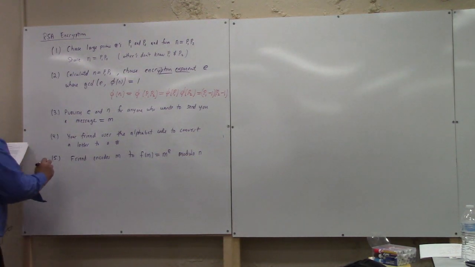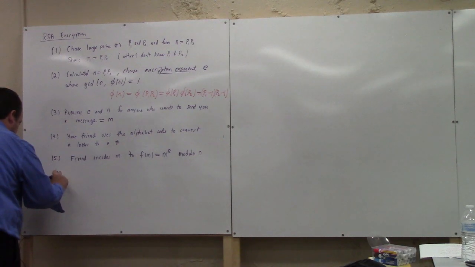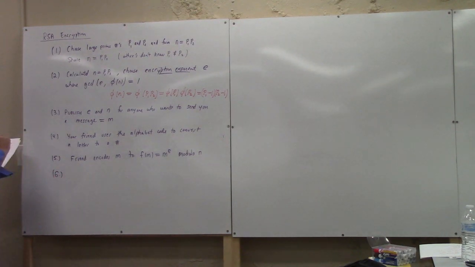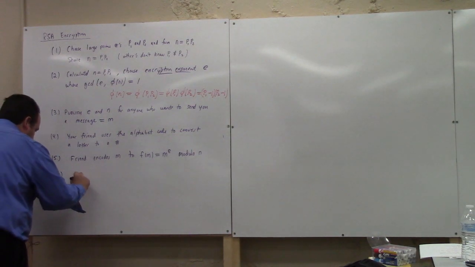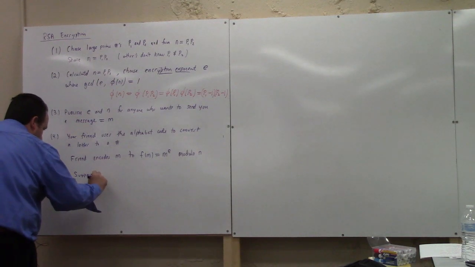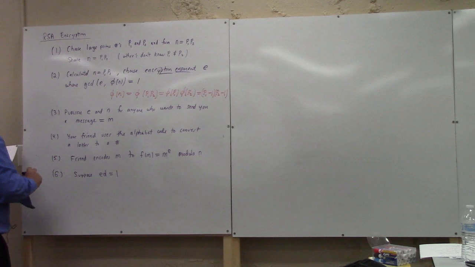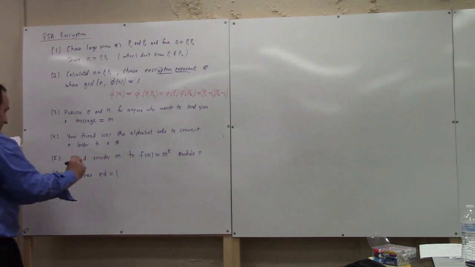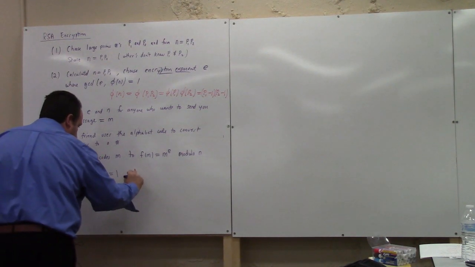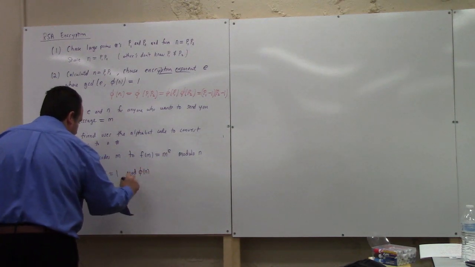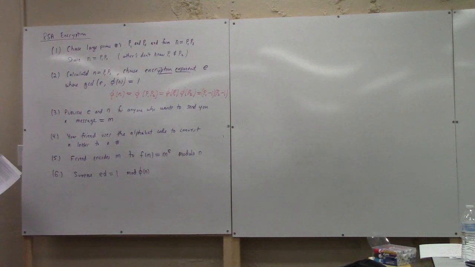And then here's where the cool part happens. 6. All right? You know P1 and P2. You know phi of n. So let's suppose you have E times D equals 1 mod phi of n. Suppose you can find an inverse of the encryption exponent modulo phi of n.